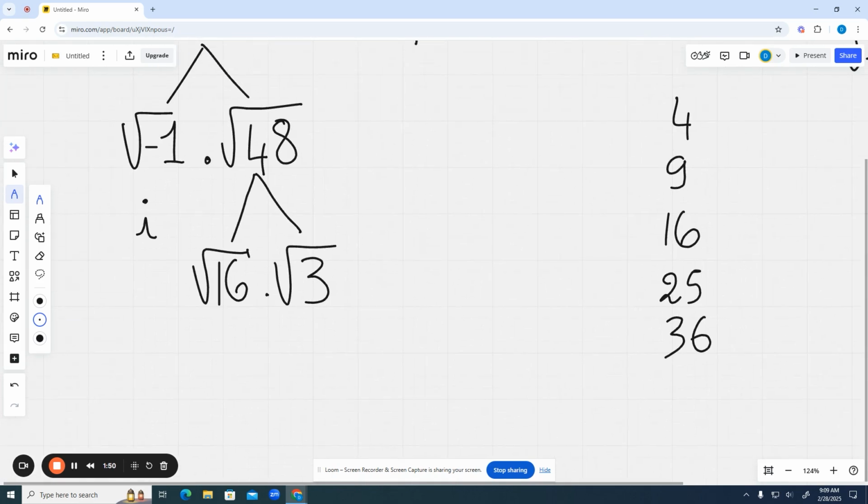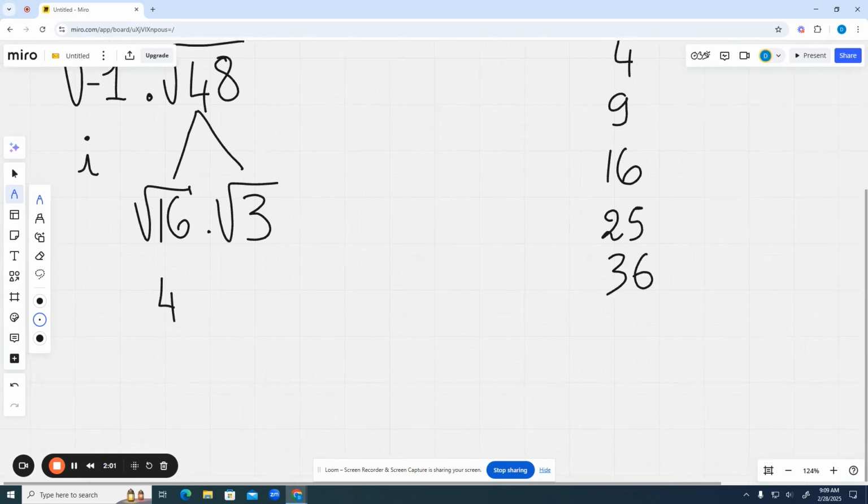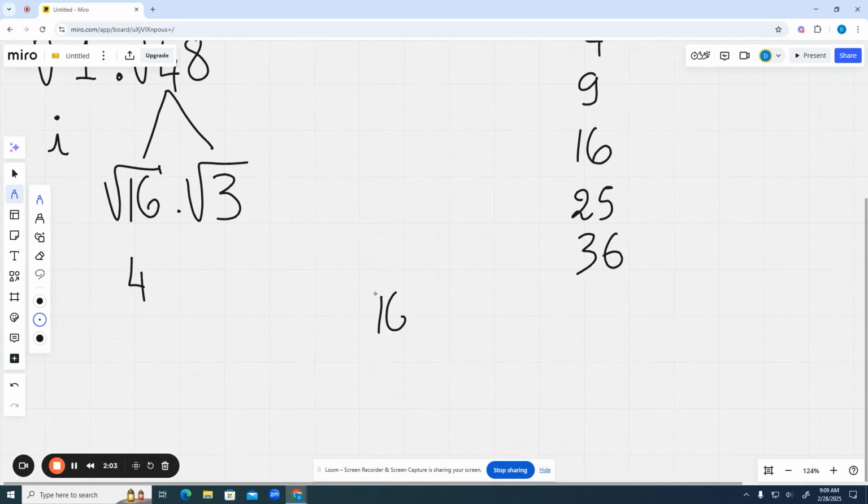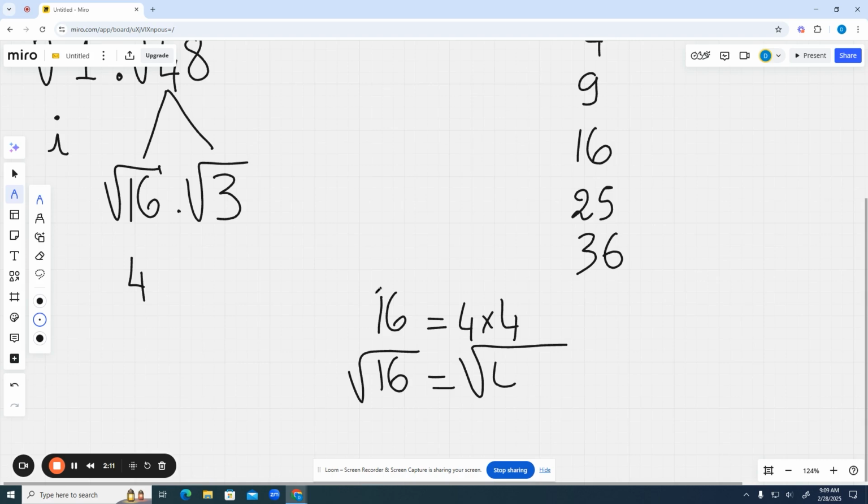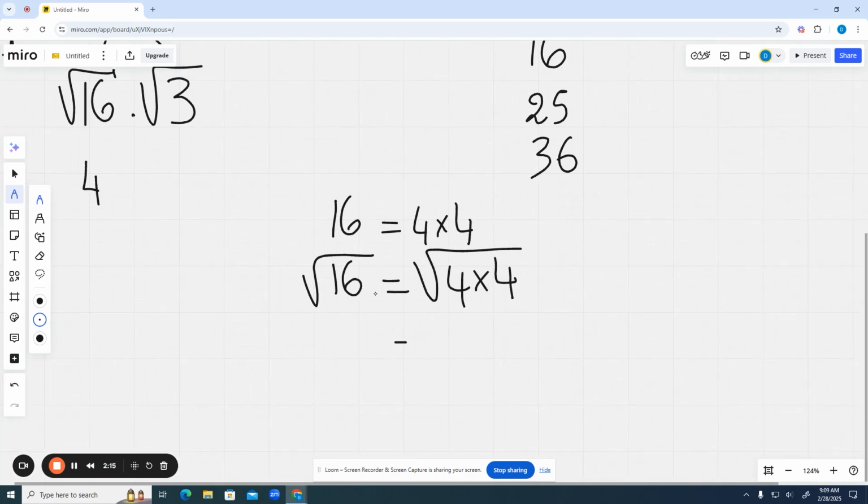So we know that the square root of 16 is 4, because 16 is 4 times 4. And the square root of 16 is the square root of 4 times 4, which is the square root of 4 squared.